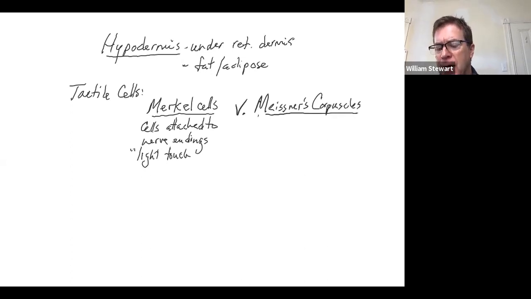Meissner's corpuscles are located deeper than Merkel cells. So these are found within the papillary dermis, not at that junction. And these are just free nerve endings.